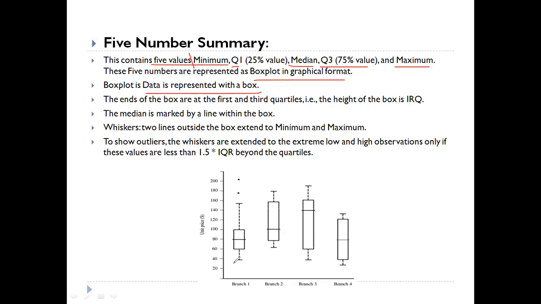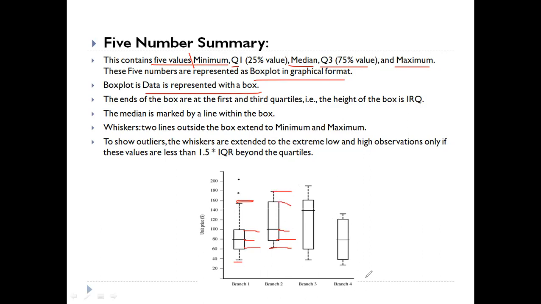This is the minimum value, this is quartile 1, median, quartile 2, and this is the maximum value. If you observe this box plot, everywhere, this is the minimum value, quartile 1, median, quartile 2, quartile 3, finally the maximum value.